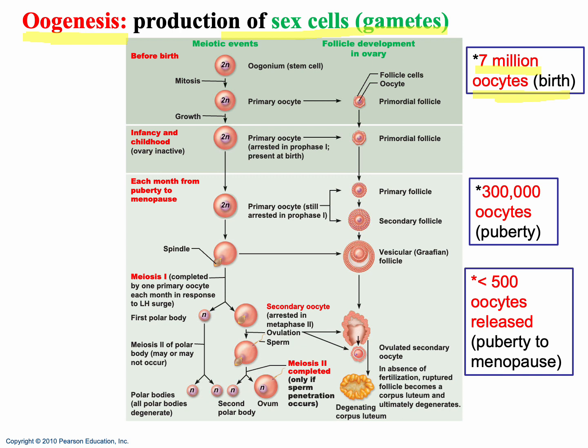And by the time she gets to puberty, the woman is down to approximately 300,000 of these eggs. And from the point of puberty to menopause, approximately less than 500 of these oocytes are released.